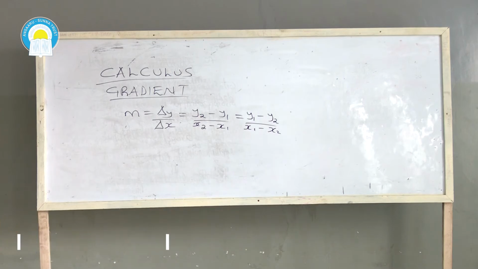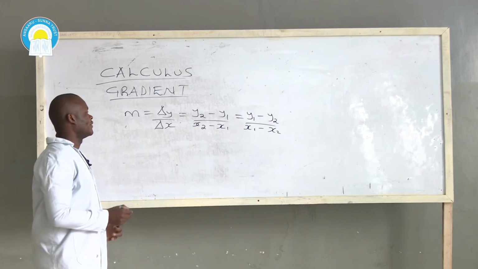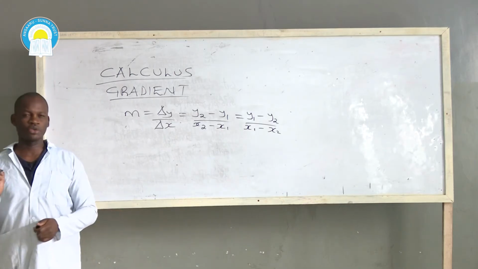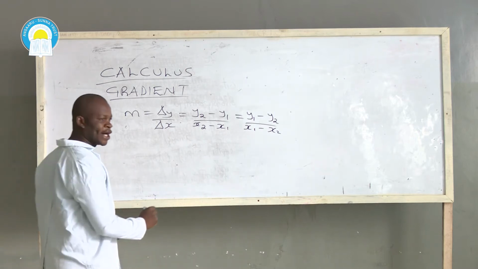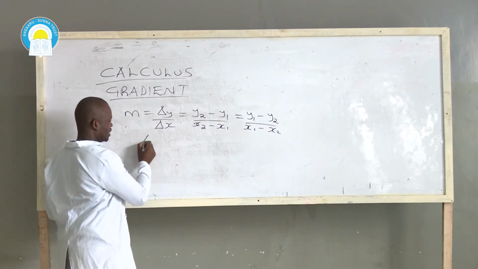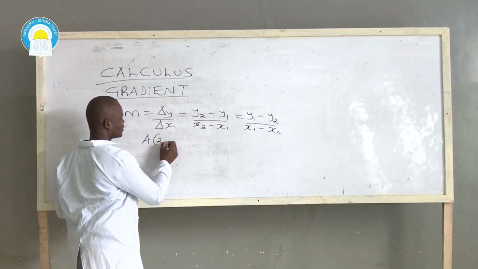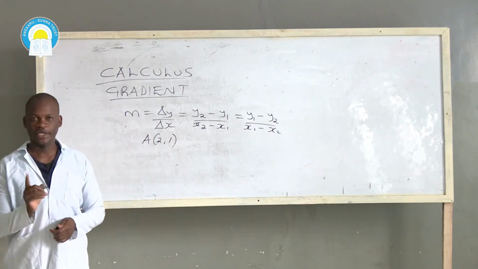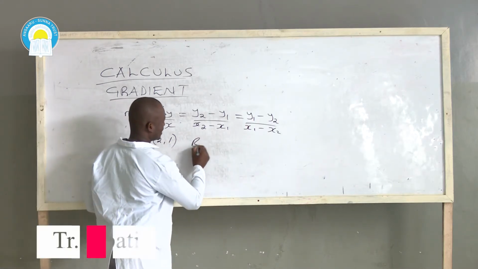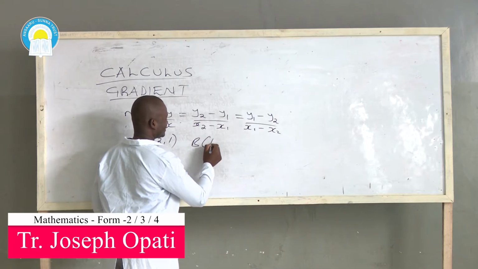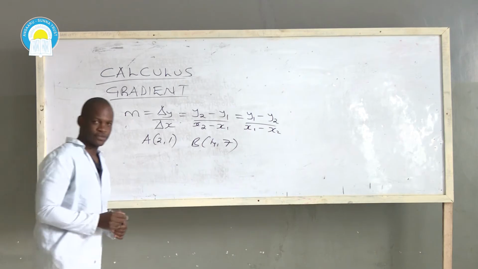We want to give an example of how we can apply this formula. For example, you get a question in the exam: find the gradient of a line joining point A, which has the coordinates 2, 1, and point B, which has the coordinates, let's say, 4, 7.